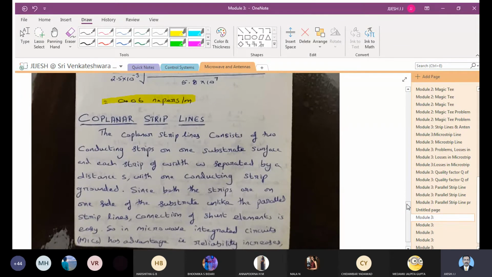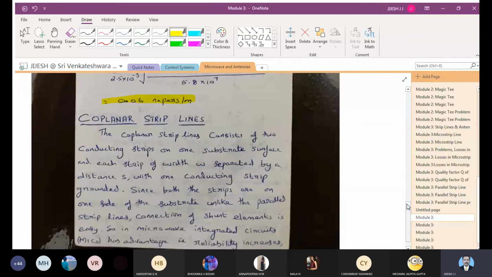Now we will just start with coplanar strip lines. All of you just leave 2 lines for completing that. So all of you just write down the next topic, the third one in this module, that is coplanar strip lines.